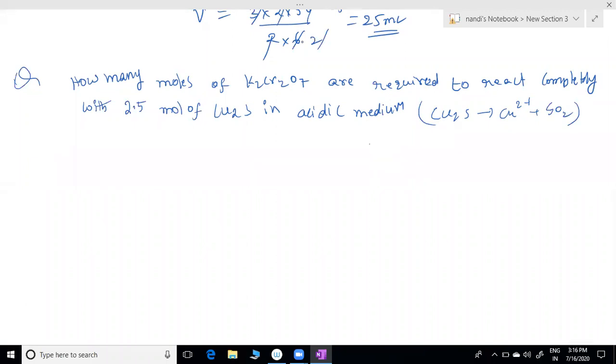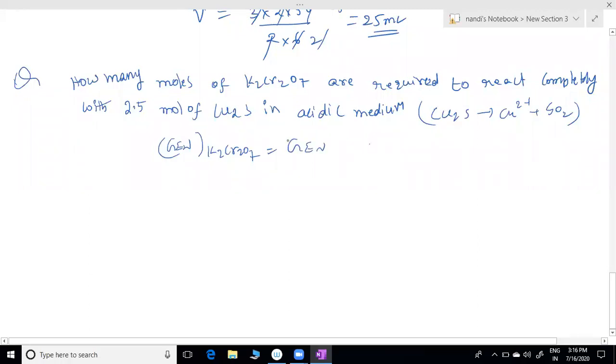You can try it. Very simple, again the same principle. Gram equivalents of K2Cr2O7 equals gram equivalents of Cu2S. Anything wrong?